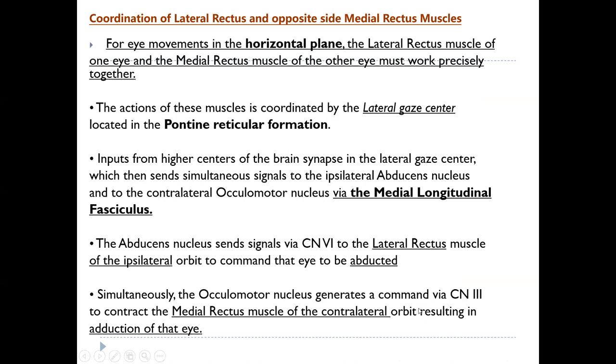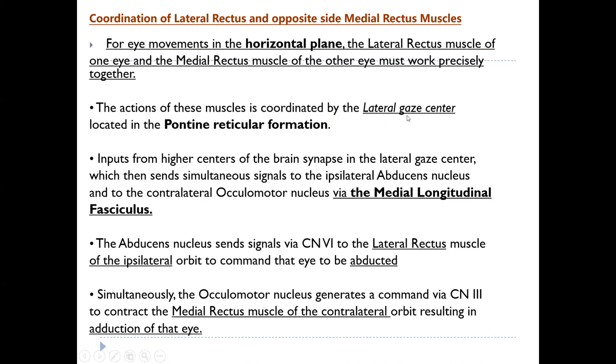So an important aspect to remember when we talk about muscles moving the eyeball is the conjugate eye movements. That is, the right eye and the left eye have to move in coordination. That is called conjugate eye movements. And for that, we have a higher center, which we call the lateral gaze center, and the medial gaze center.